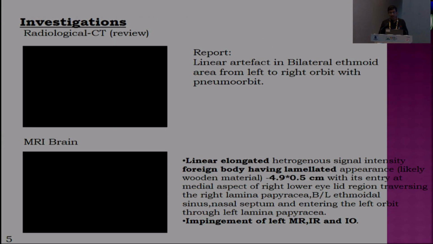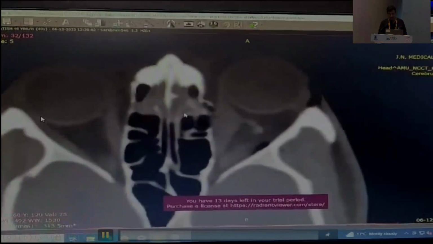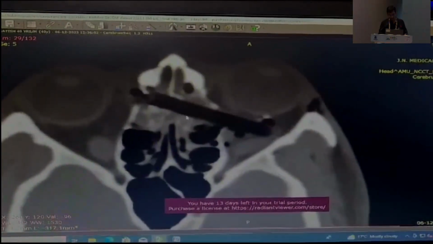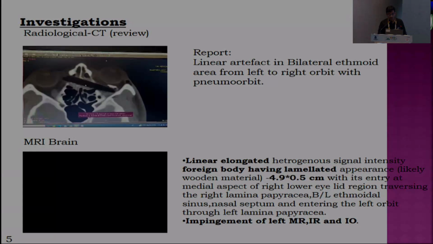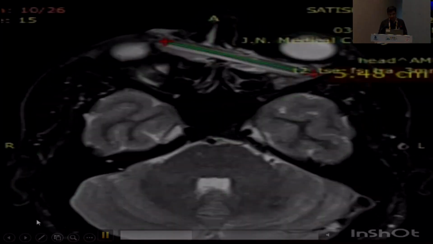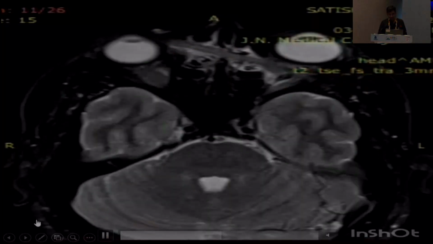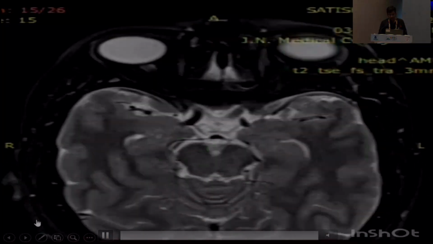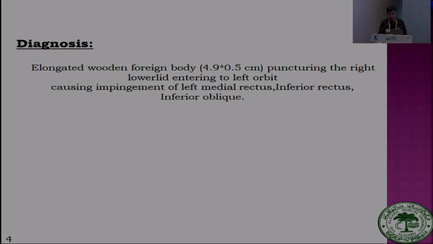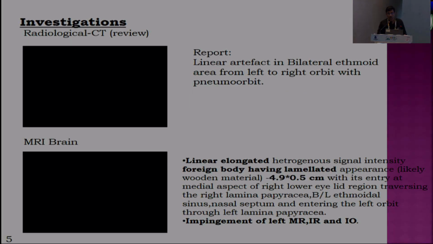Coming to the investigations, we did a review of the CT, where they repeated a linear artifact in the left eye orbit. Hence, we moved to an MRI brain, which again revealed a linear artifact of almost 4.9 to 0.5 centimeter, with impingement of the left inferior rectus, medial rectus, and inferior oblique.